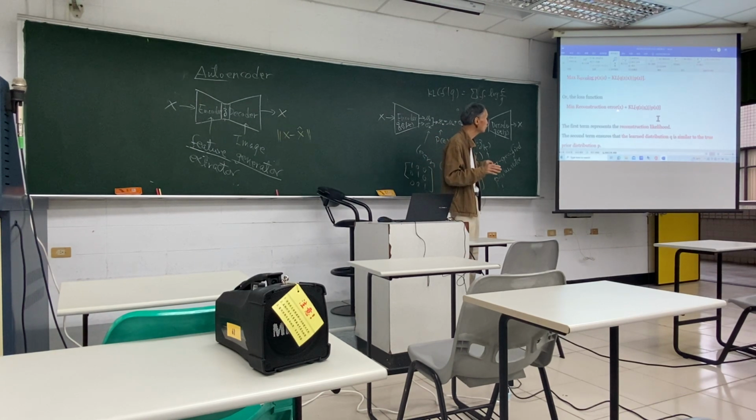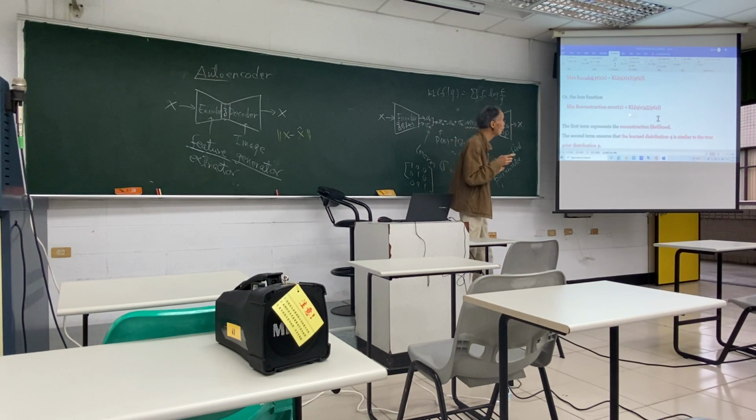This is our objective: we try to minimize the difference between the input and output, but under the constraint that the learned latent variable Z must be as close to the probability of Z. And since we know nothing about Z, we simply assume P of Z will follow a Gaussian distribution. That is the idea. Everyone know what I'm saying, right?